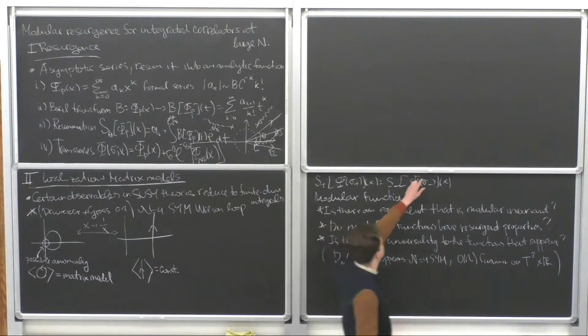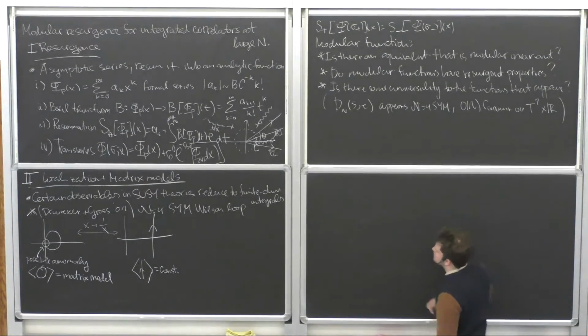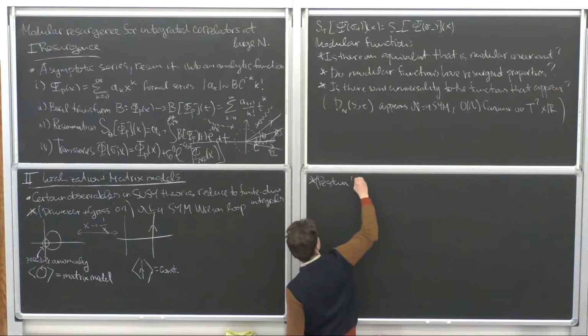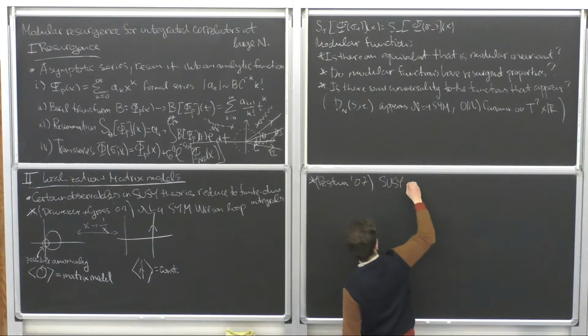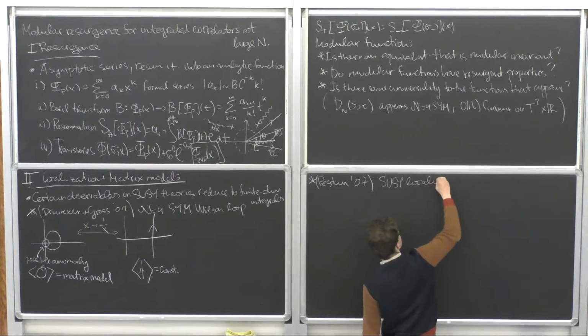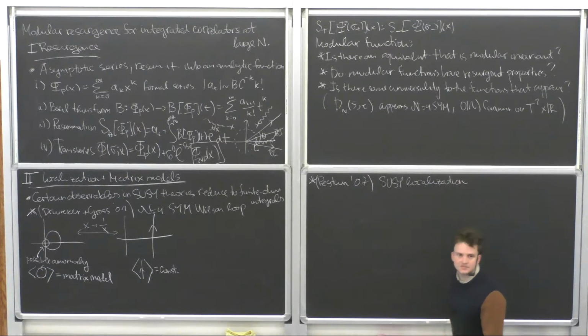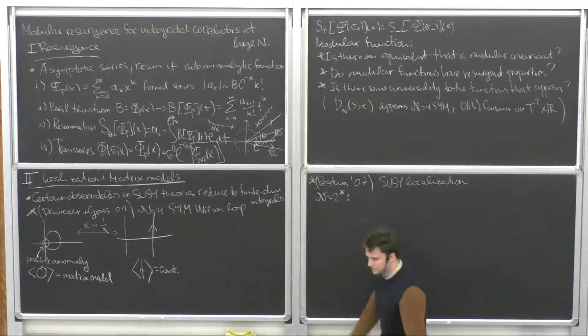So the next big insight comes from Pestun in 2007, who really uses supersymmetric localization. What we will be interested in is the N equals 2 star theory, which has the following matter content.